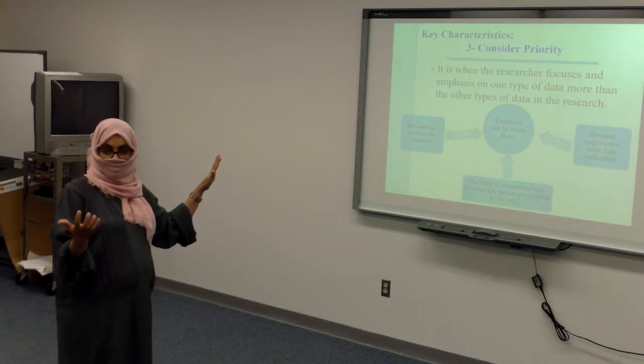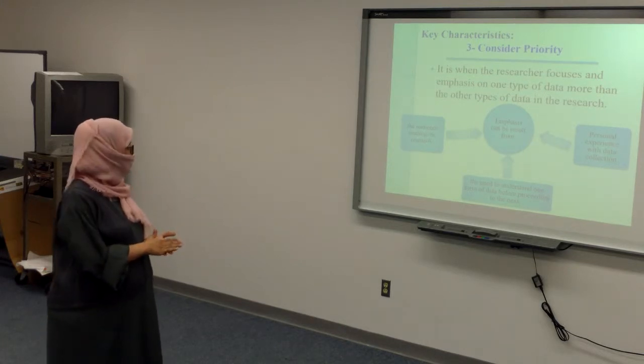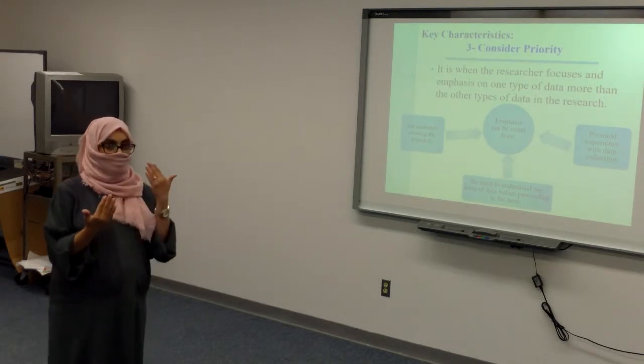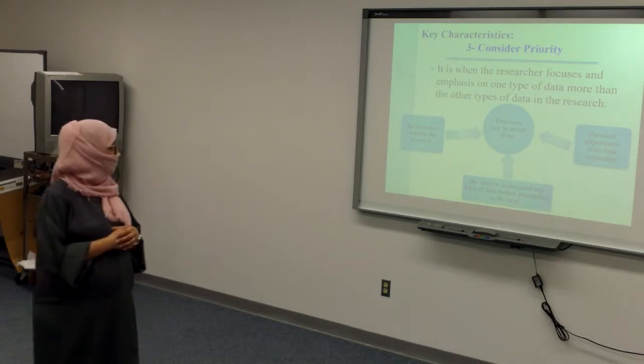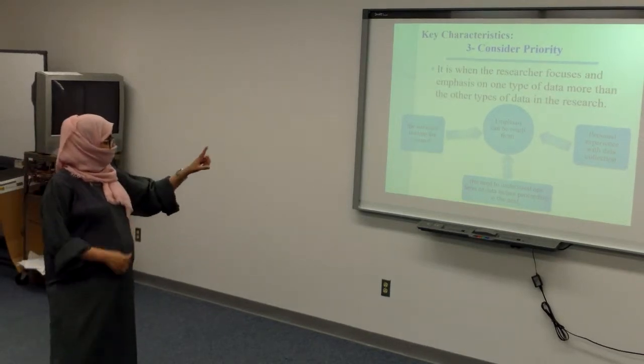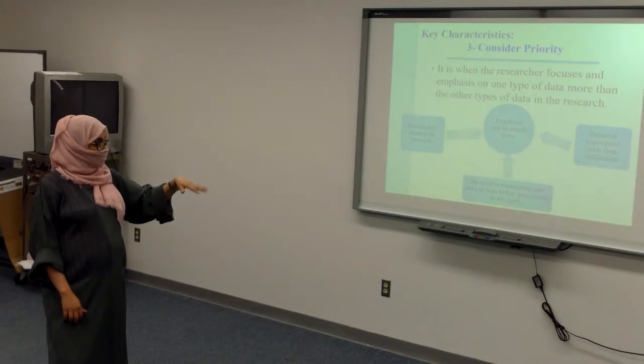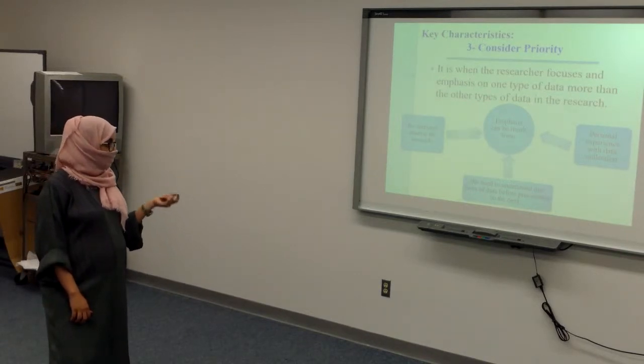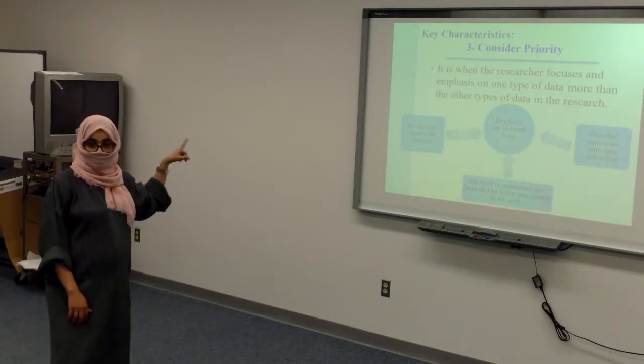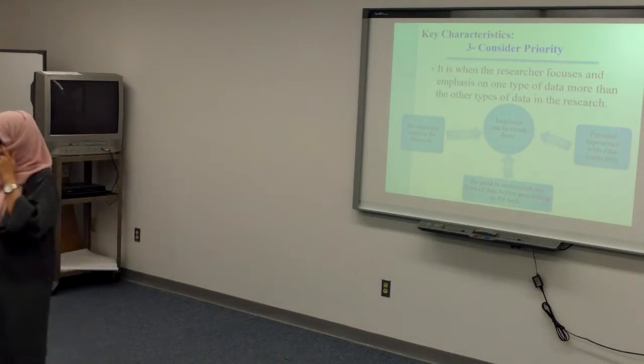Why do you want this data? So here you choose either quantitative or qualitative, based on your personal experience with data collection, the need for the data, and your audience.